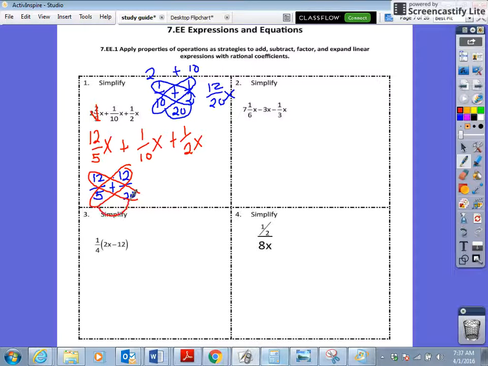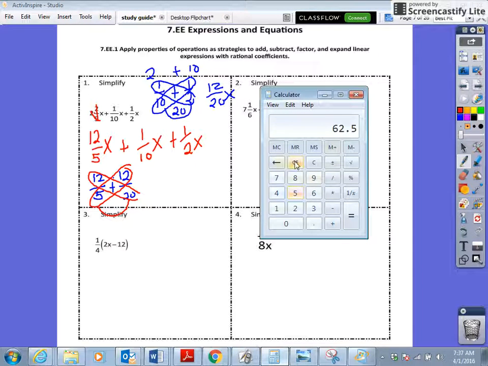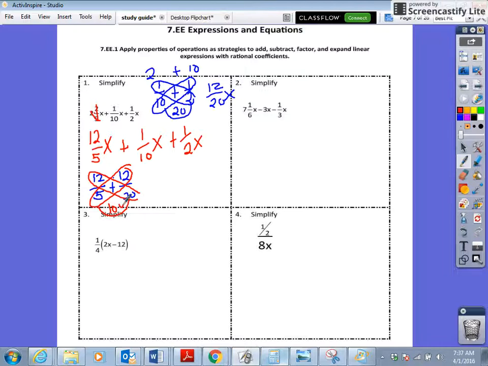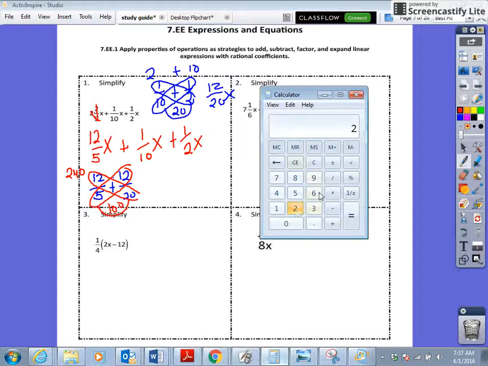Okay, 5 times 20. Okay, if you can't do that in your head, here we go. 5 times 20 equals 100. Okay, so we have 100 is our denominator, and then we have 20 times 12. Well, 20 times 10 is 200 plus 40, so 240. And again, if you can't do that in your head, 20 times 12 equals 240.